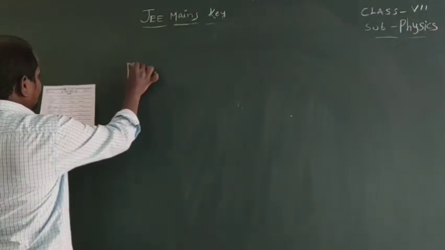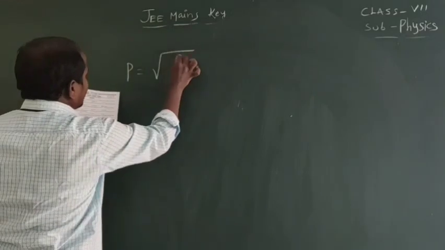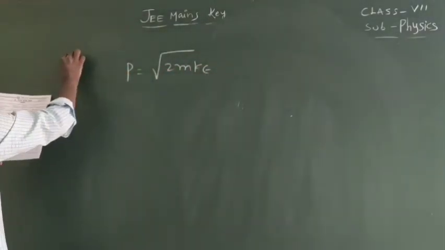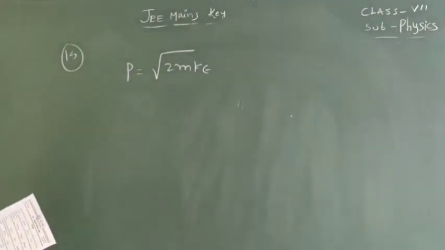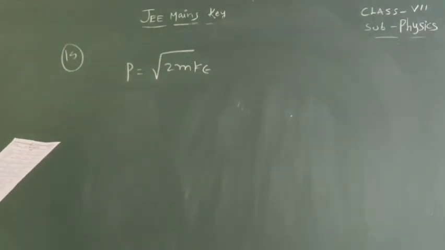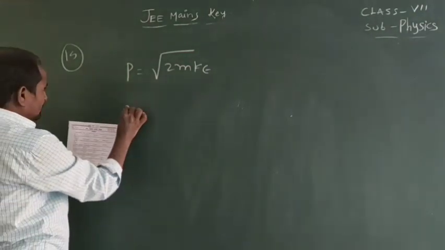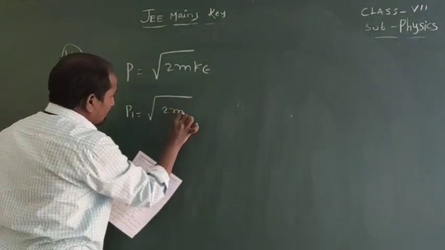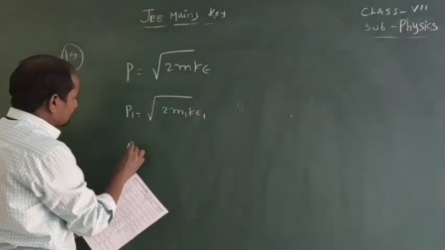So we know that P equal to root of 2mK. It is the relation between kinetic energy and momentum. So here we can write P1 equal to root of 2m1 K1.